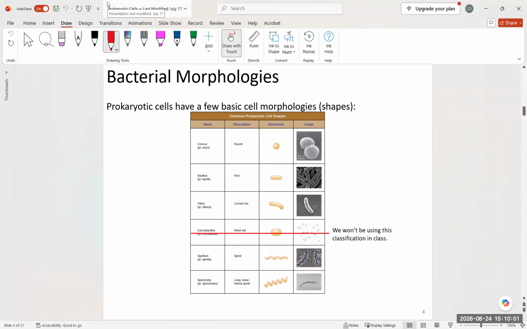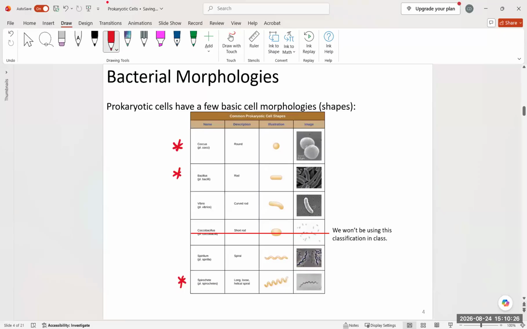and that is going to be coccus or cocci if we're talking about multiple cells. And these are going to be our predominantly spherical shaped cells. Bacillus or bacilli, if we're being plural, are more rod-shaped cells. Then the other one we're really going to talk about are the spirochetes, and these are our more thin spiral-shaped cells.